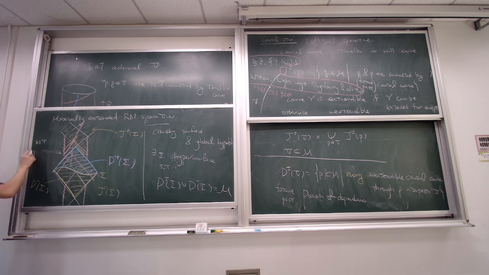This is not globally hyperbolic, because there's no way to write down the entire space-time by D plus and D minus. So this is not, and sigma is not the Cauchy surface.